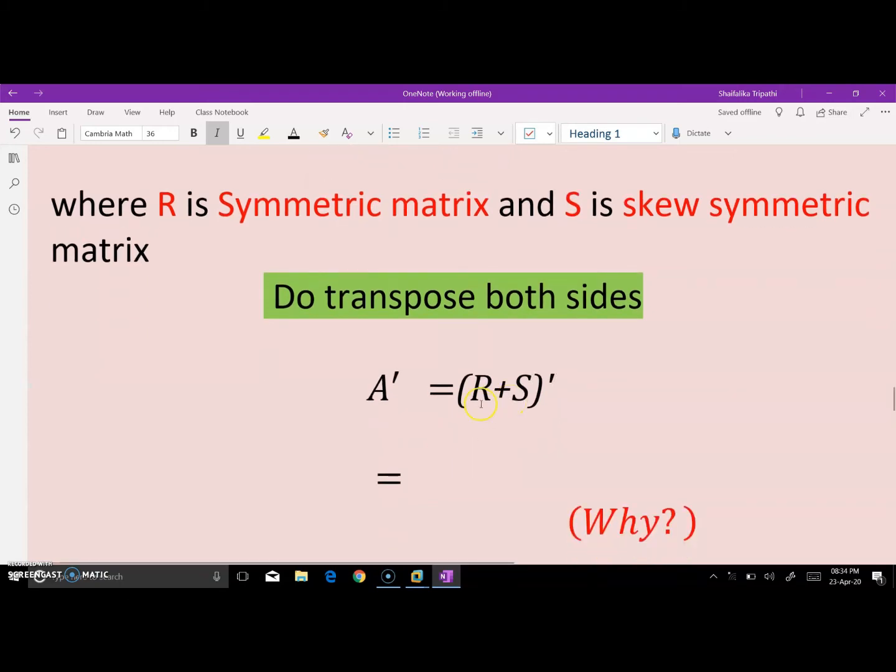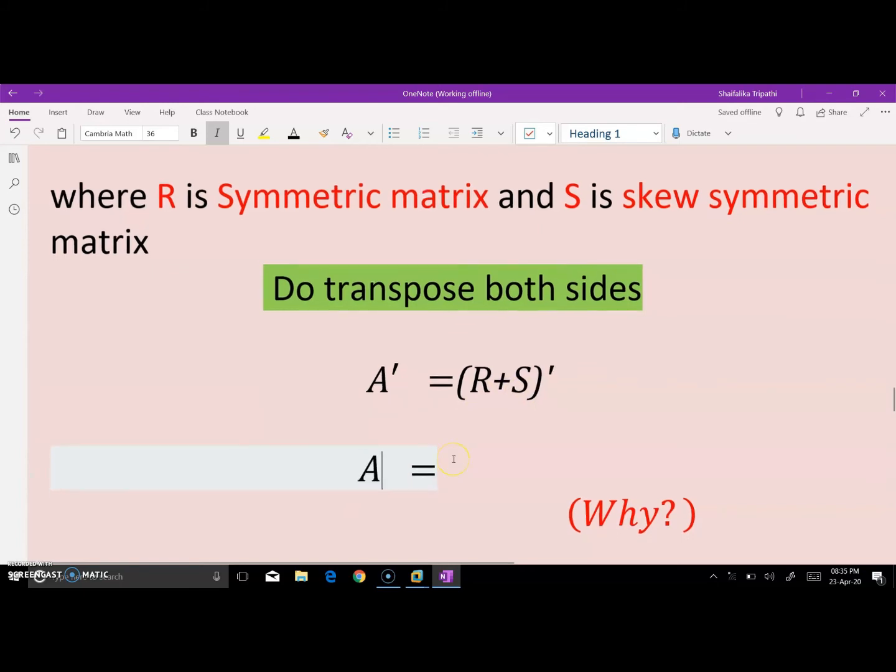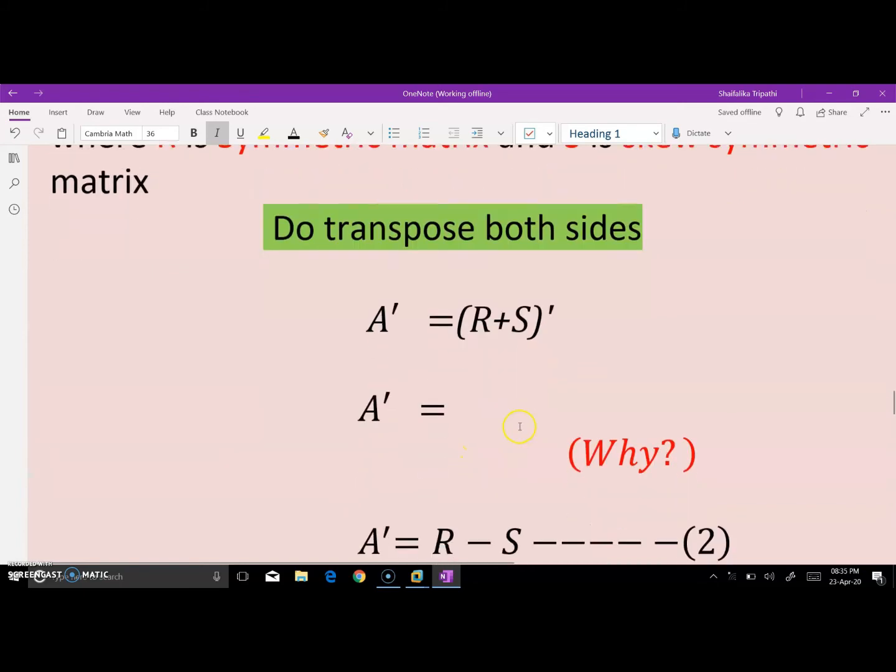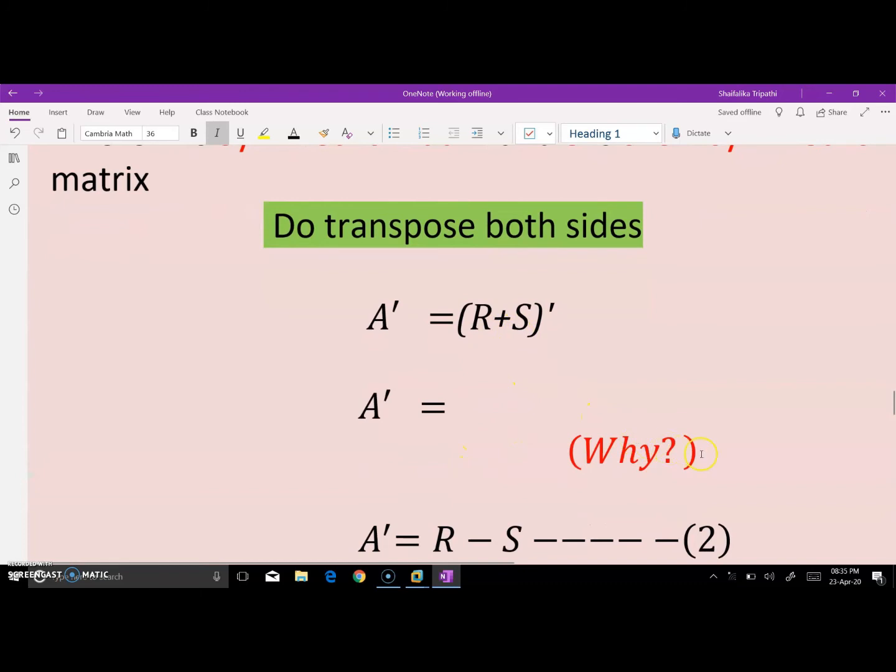Now this is A transpose, and when you apply the property, you know what the property is? A plus B, the whole transpose, is equal to the individual transposes. So we will apply this property here. In the place of A, B, now we are having R, S. So applying the property, that is R transpose plus S transpose.